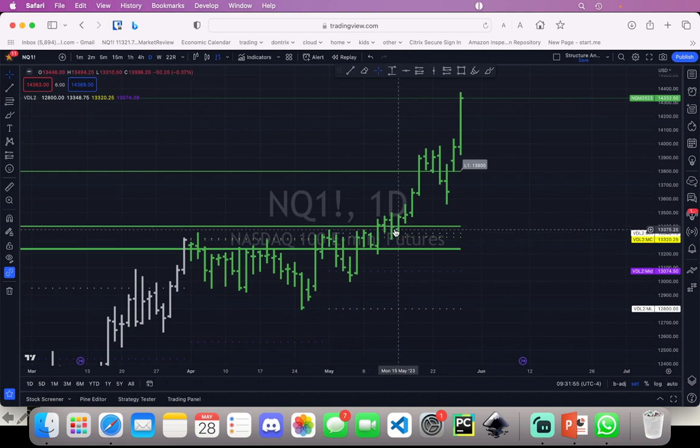It never closed below the previous month high, as you see clearly here. This level never got broken or closed below for consecutive 1, 2, 3, 4 days. So for 4 days it never closed below that, which means it's forming a support.